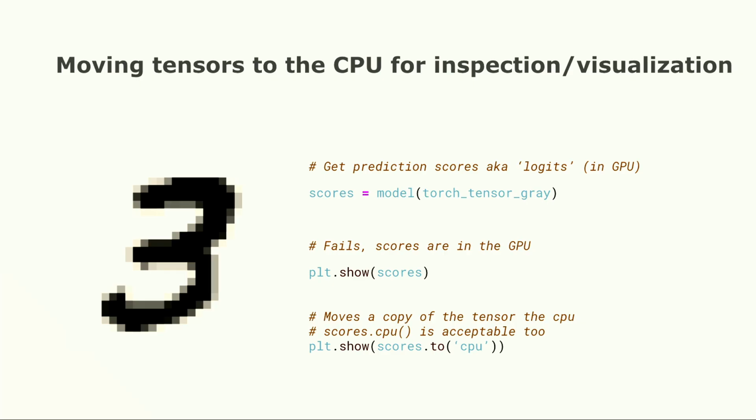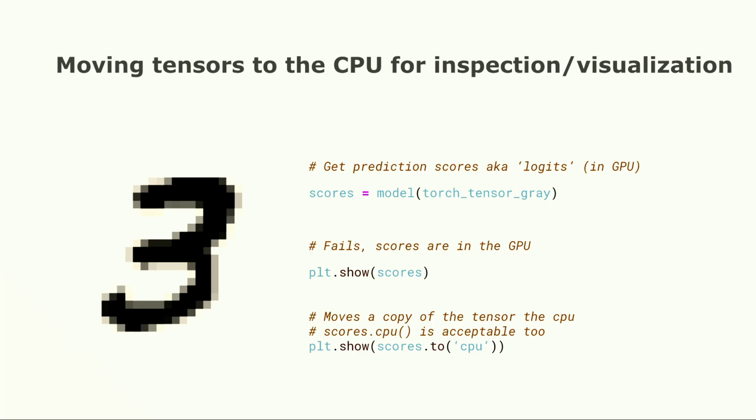So key points to remember: the GPU is for quick computation and the CPU is for visualization and input-output operations. The data movement between the CPU and the GPU has an overhead. It's an operation that is relatively slow, so it's good for us to be mindful about this and also to keep track of the tensor locations that we have in our code.